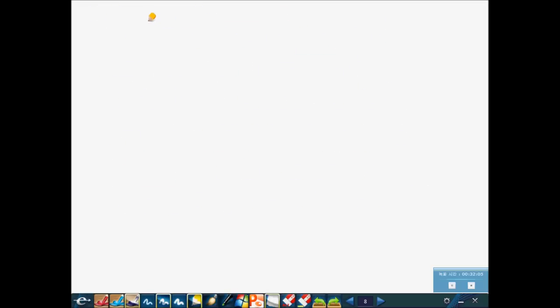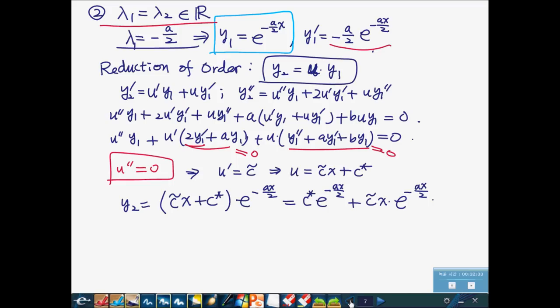y is c1 y1 plus c2 y2, right? So I'm gonna put this. You're gonna know why. And c1 is e to the minus ax over 2, correct? Plus c2 y2 is this, right?